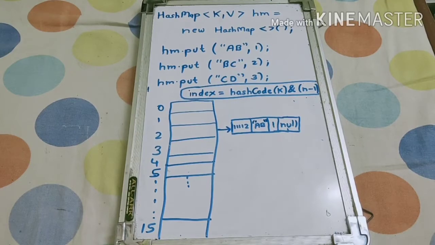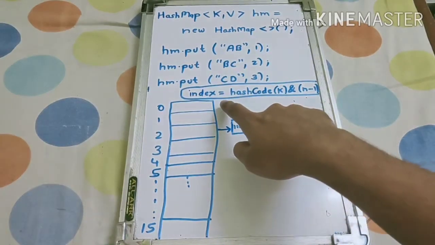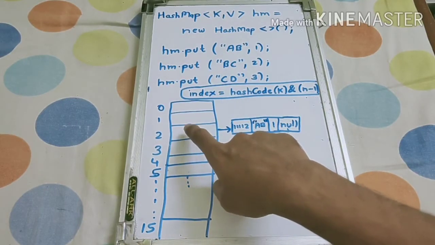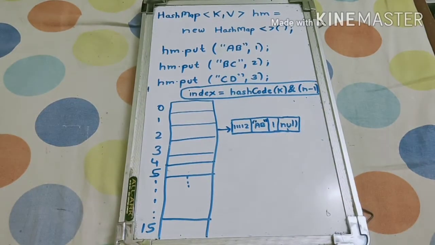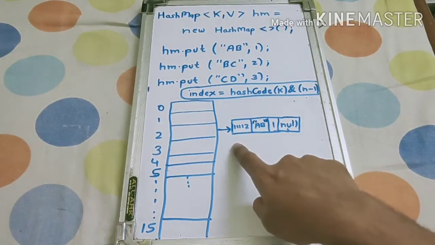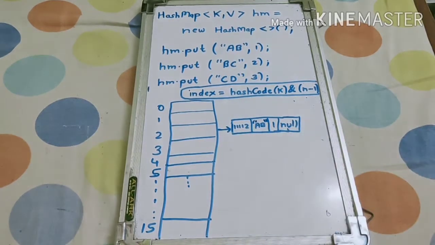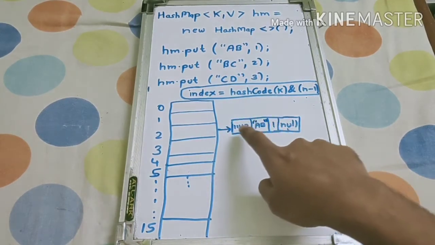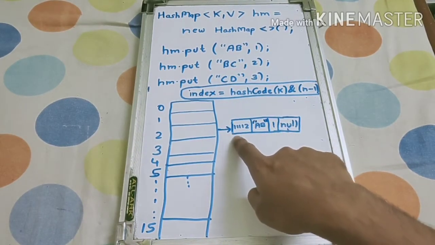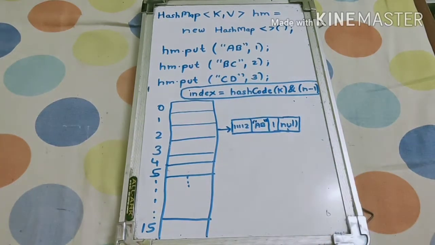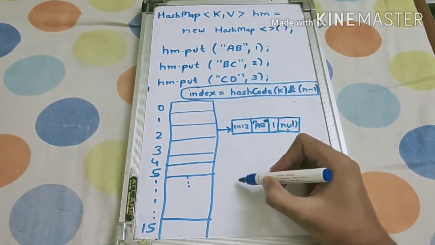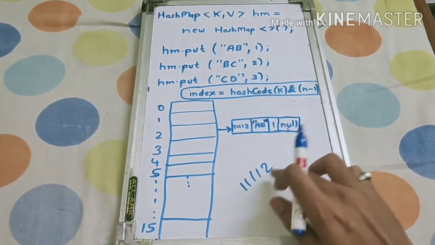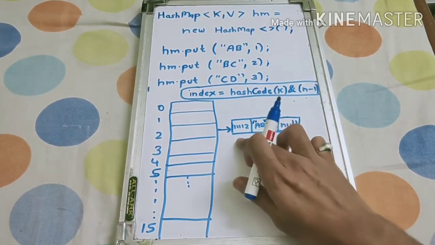The next question arises: we got the hash code and the index, and it stores at that particular index location, but in what manner does it store the data? The answer is, it stores the data in the form of a linked list. It contains a node with four fields. The first is the hash which we got, that is 1112 as we saw previously.